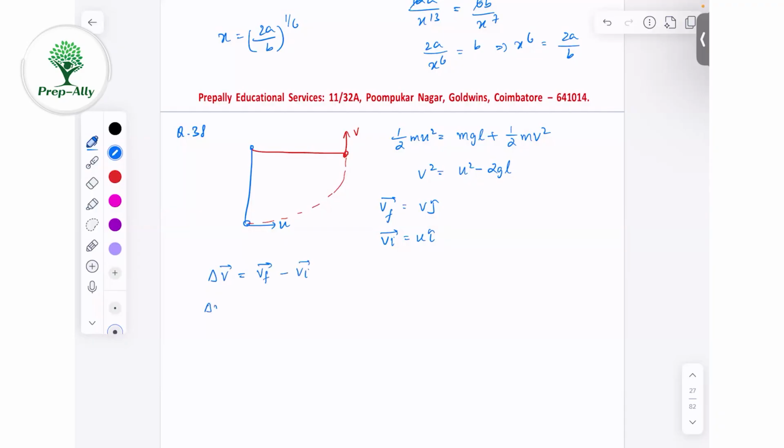And we want this magnitude, that is going to be magnitude of Vj cap minus Ui cap, which is going to be V square plus U square, sorry. And V square is already U square minus 2GL.